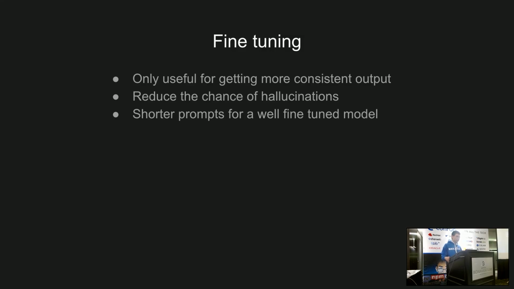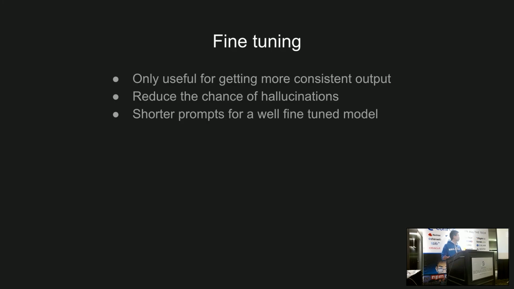So first of all, fine-tuning is only useful if you want more consistent output. One misunderstanding that I see from other AI startup founders is that they think fine-tuning can make the model smarter, which is completely false. If the problem is complicated enough that the model doesn't understand it, it won't understand it better with fine-tuning.